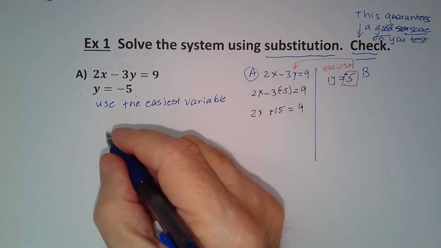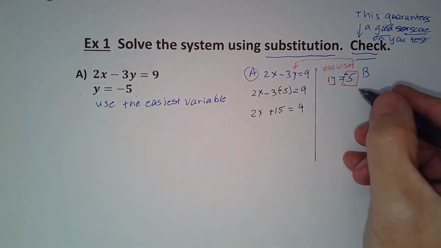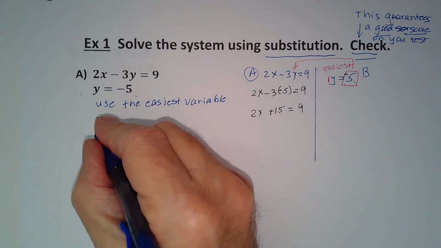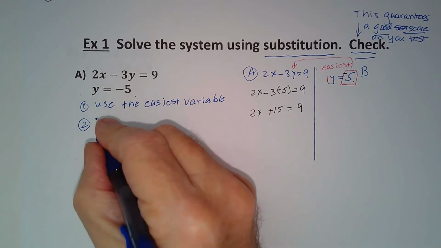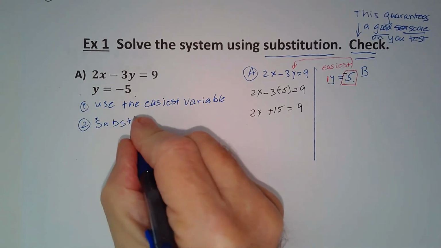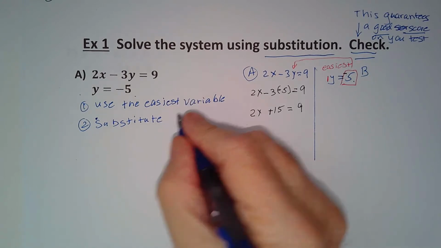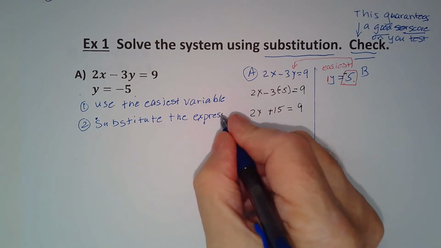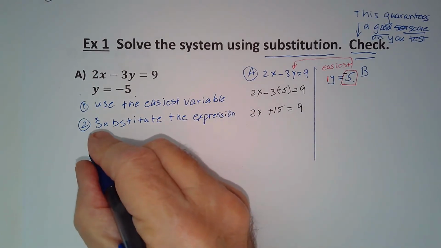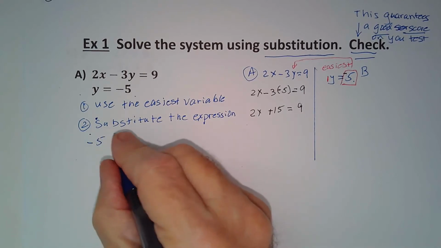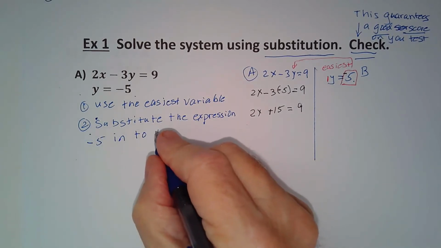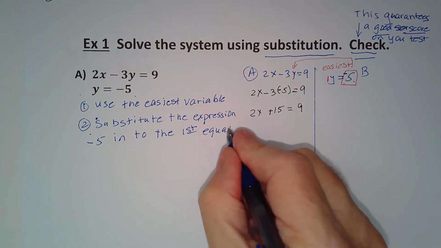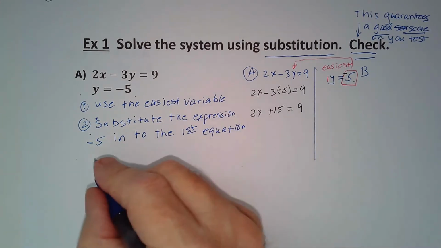And then we substitute the expression, negative 5 rather, into the system. We did that. And we solve it.